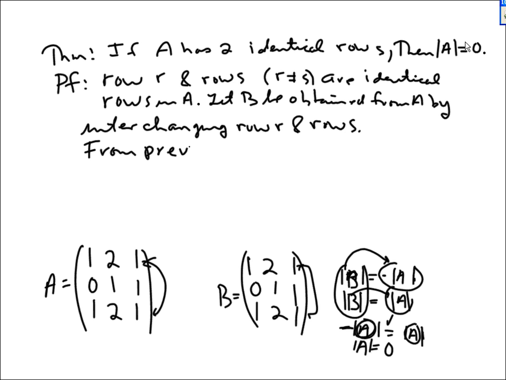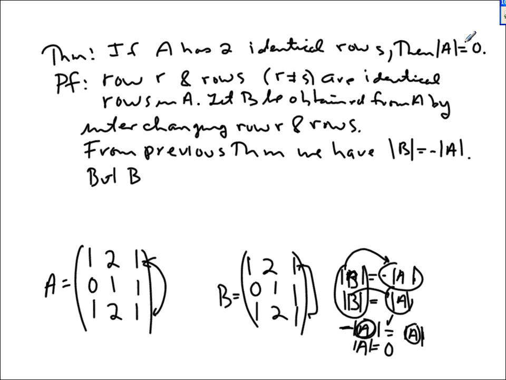From the previous theorem, we have that the determinant of B is equal to negative the determinant of A. But B and A are equal. And to interchange the same two rows, you don't get anything different.